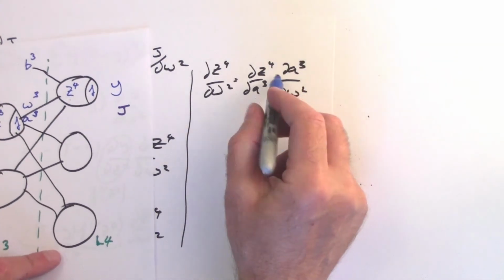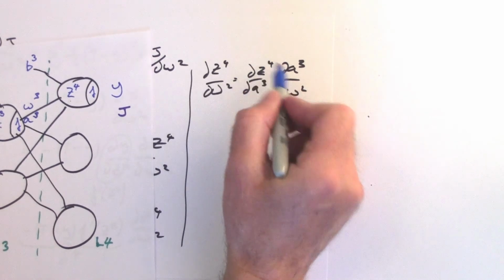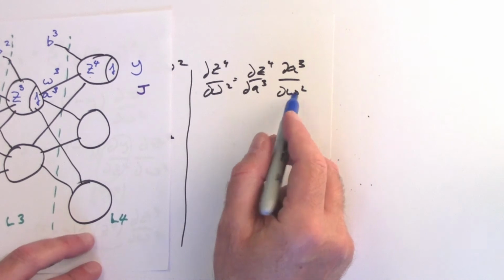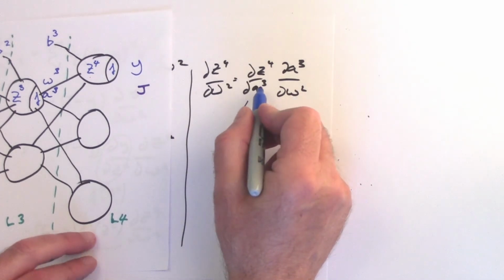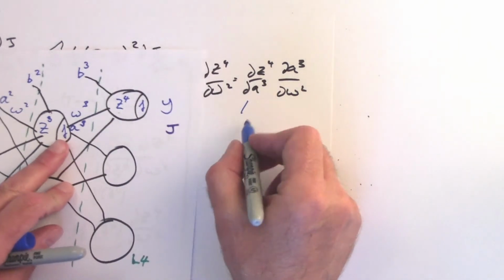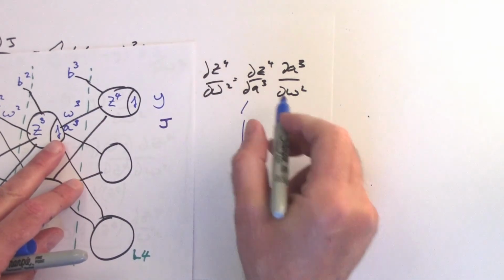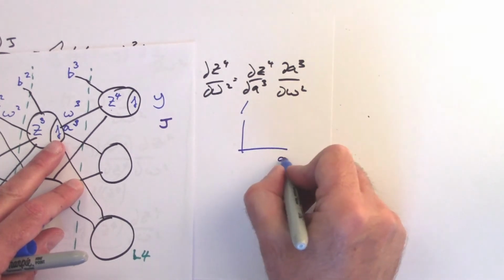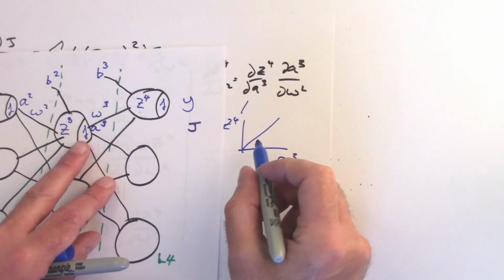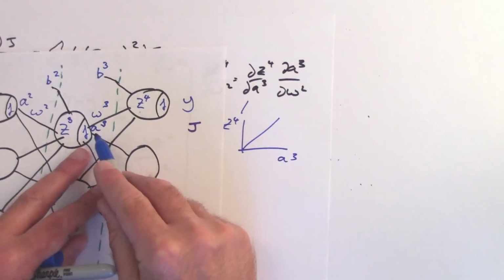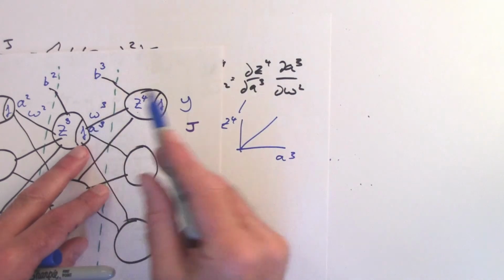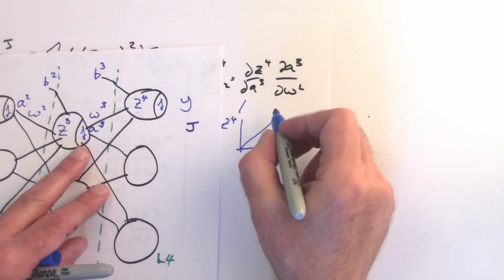Each time we peel back we get a solution on this side, and on this one we have to carry on with the chain rule. With A3 here and z4 here, the gradient between z4 and A3 is just our weight W3.